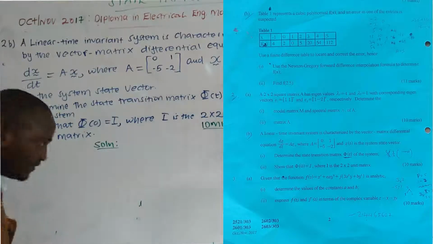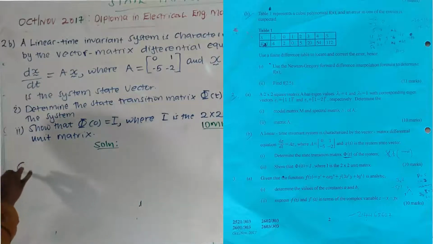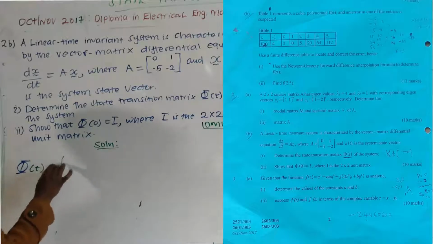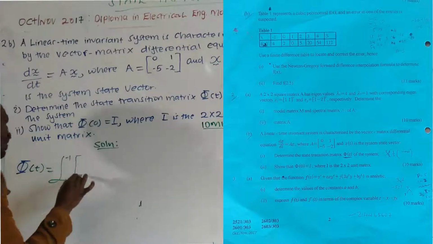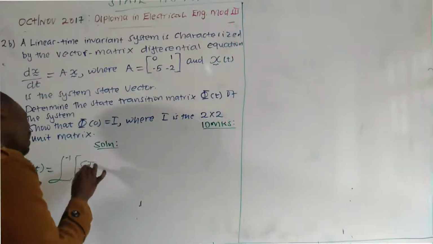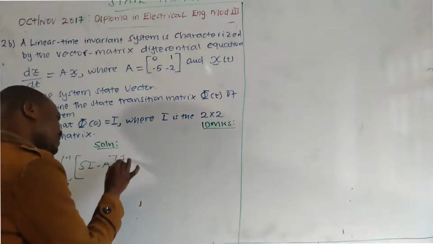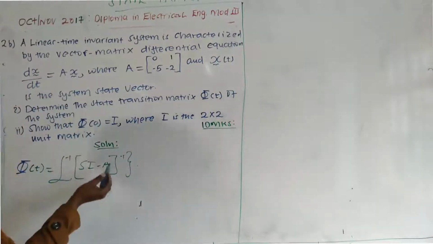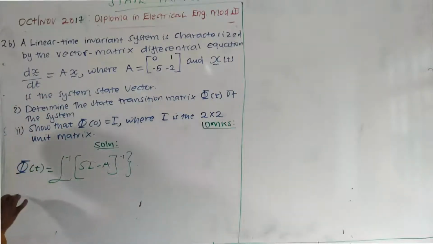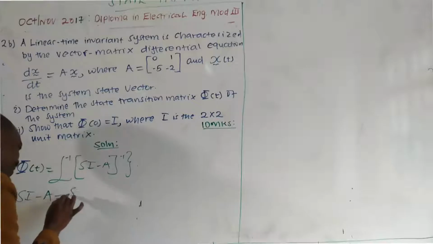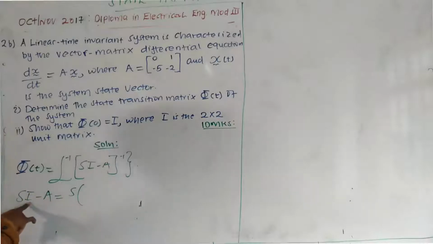So we said previously that the state transition matrix phi of t is equal to the inverse Laplace transform of the inverse matrix of sI minus A. This is an inverse matrix. So let us get the matrix sI minus A. sI minus A is equal to, we take variable s times the identity matrix. It is required because you can only subtract a matrix from a matrix.